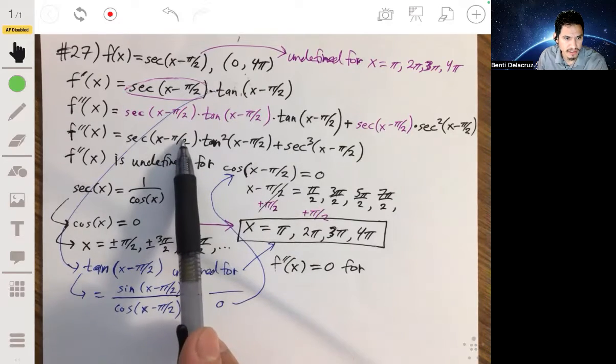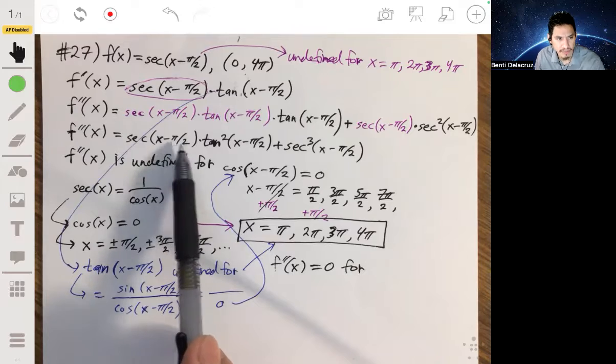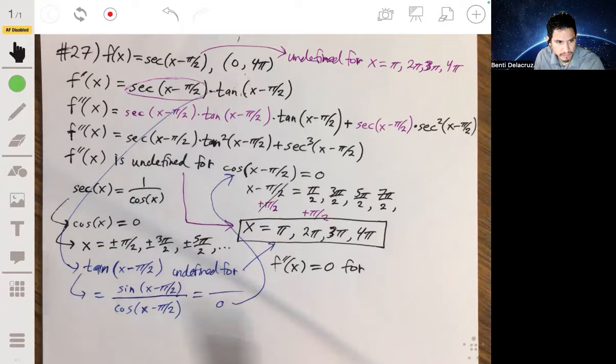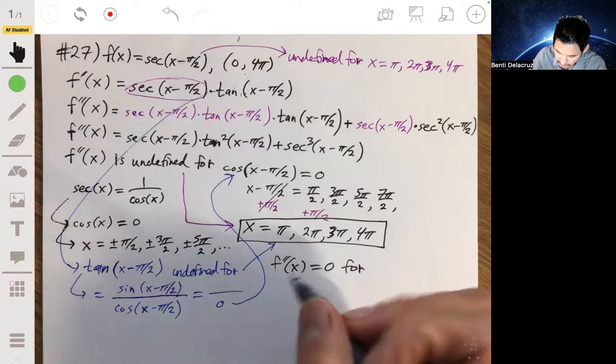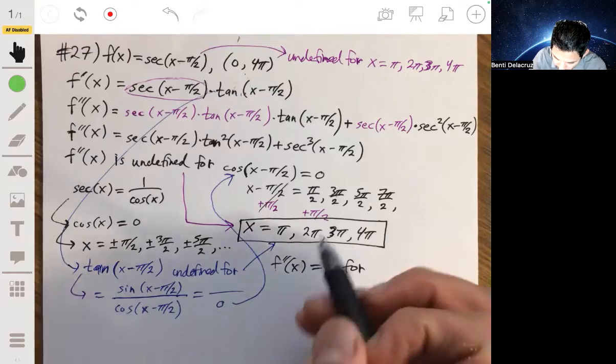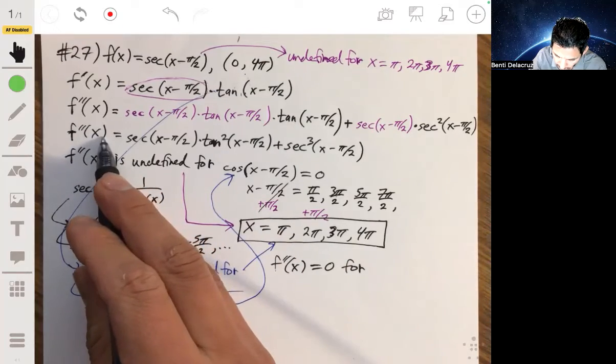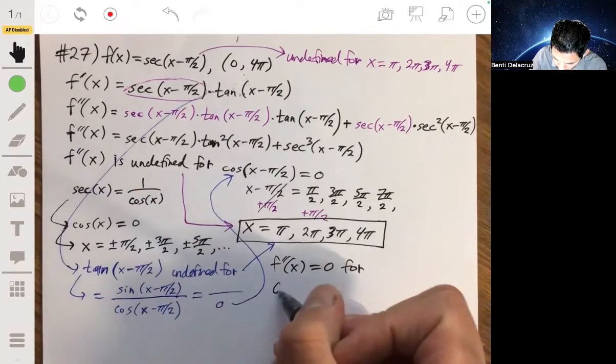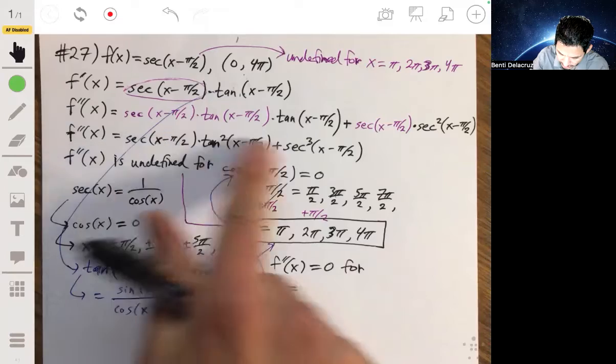Let's factor out the secant of x minus pi over 2. There are multiple ways to do it. So let's have f double prime of x, and let's make that 0. So 0 is equal to this.